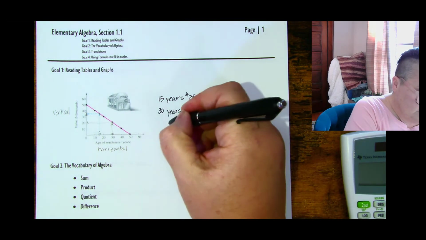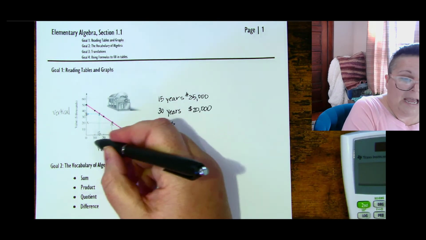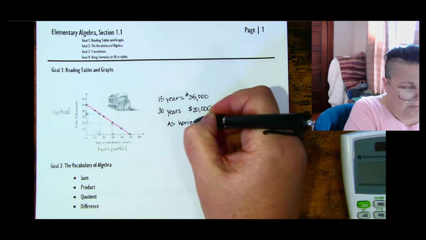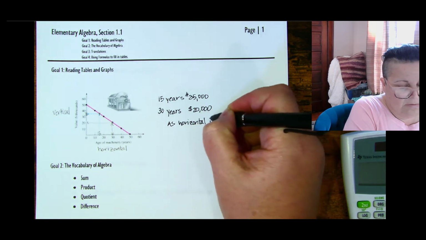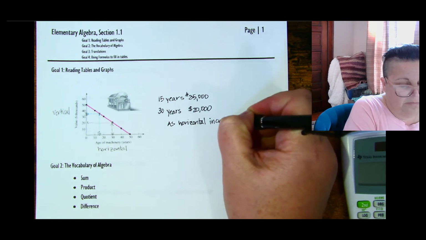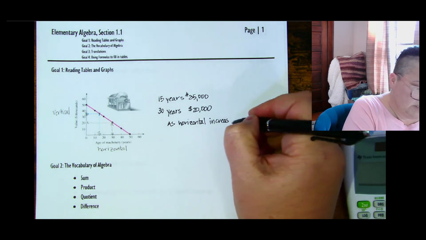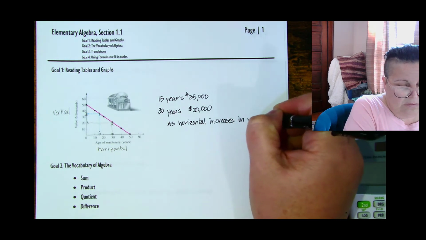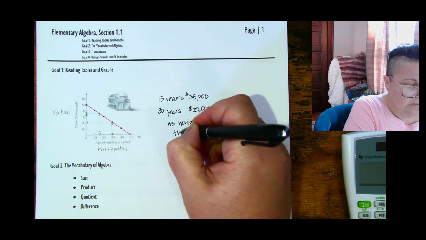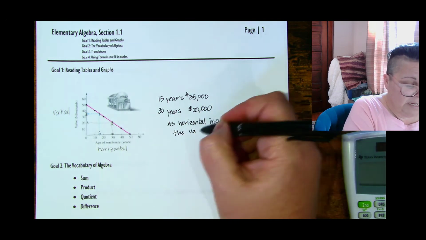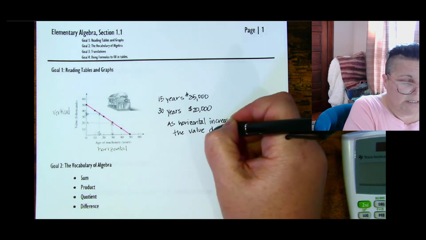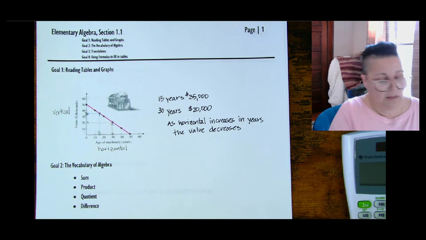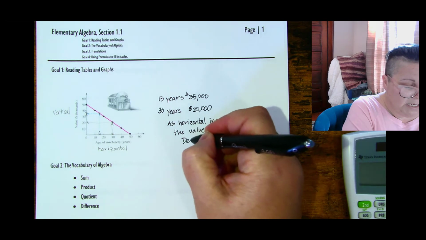So as the horizontal increases, or moves up from 15 to 30 to 60 years, the value of that machinery decreases or becomes less. This is known as depreciation.